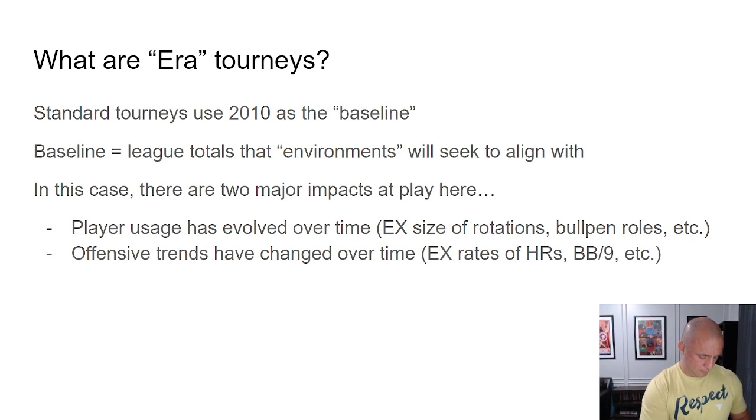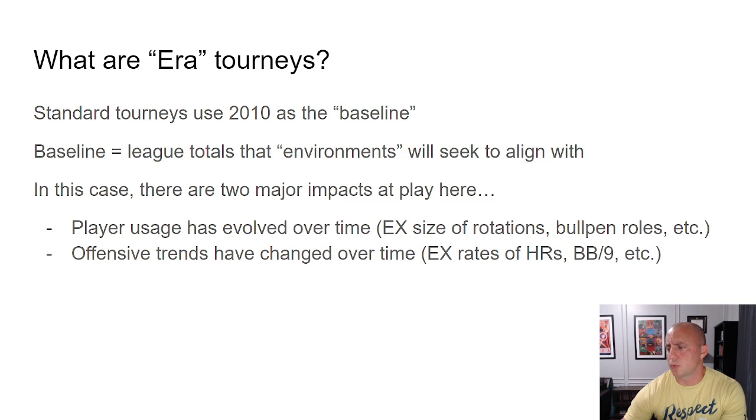You're going to be able to make some adjustments to fit how that environment works. And then also, when you're picking what players to actually use, you're going to take into consideration, okay, this era promotes home runs and minimizes strikeouts, so certain types of players are going to fit better. So we're going to talk about both of those things tonight.